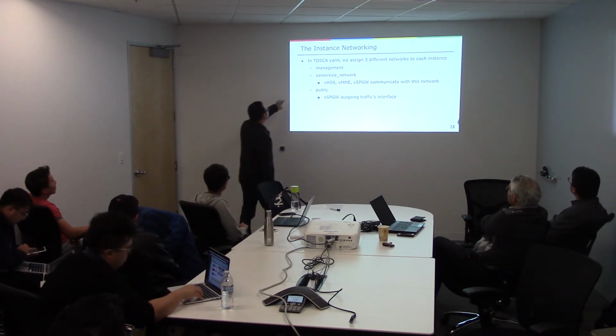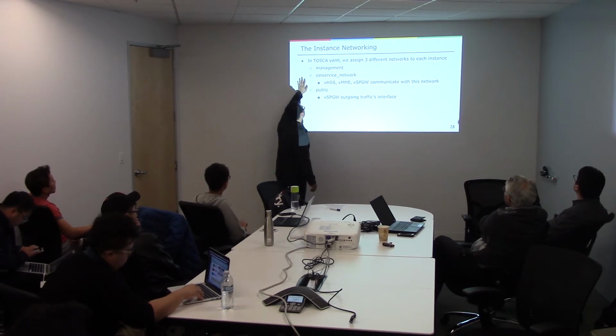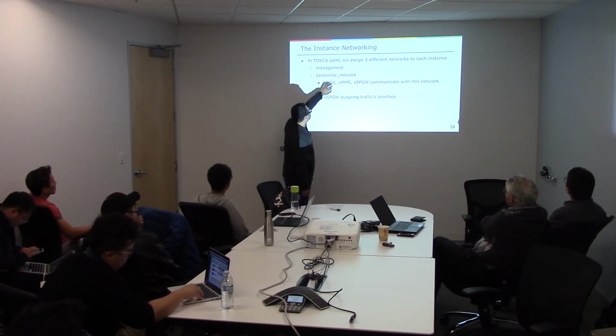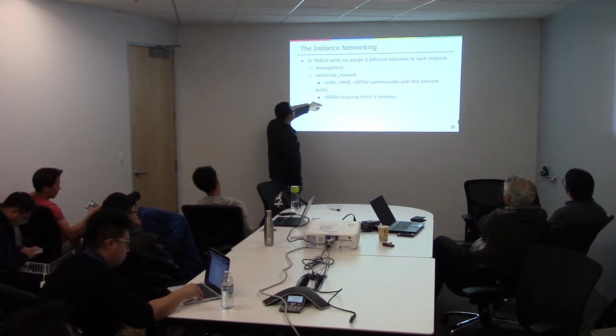As I mentioned, the OAI service network is a private network used by the OAI services. They communicate over that network, and the public network is only used by the SP gateway.